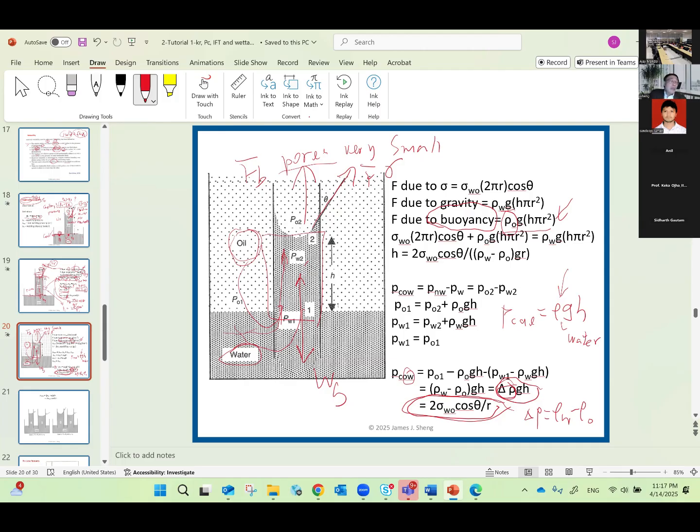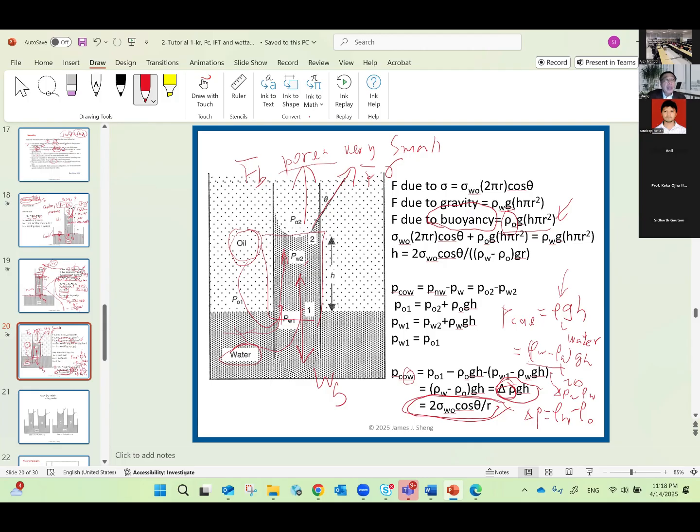And then we can even make these two equations consistent. For the air and liquid case, we can write rho W minus rho air, times g h. Because rho air is close to 0, this delta rho is close to rho W. Can you see that?